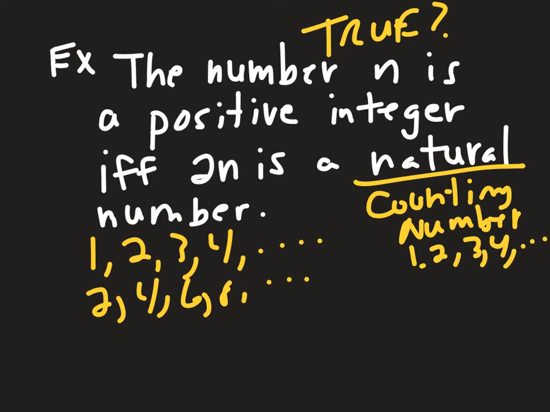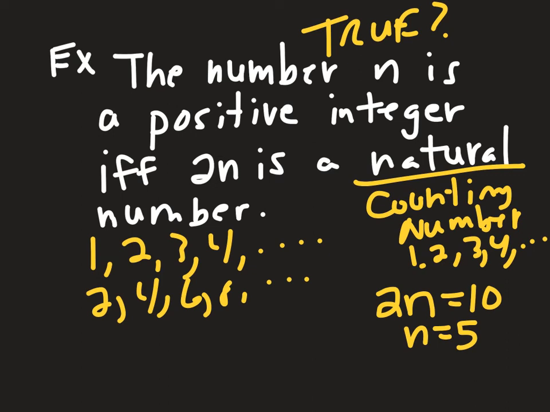So if I have 2 times some number that is a counting number or a natural number, then, let's see, if I have 2 times n equals 10, well, then I know n is 5, right? And so 5 is a positive integer, so that looks good.